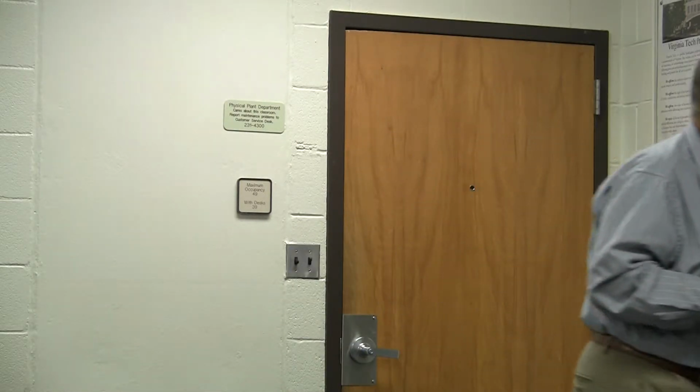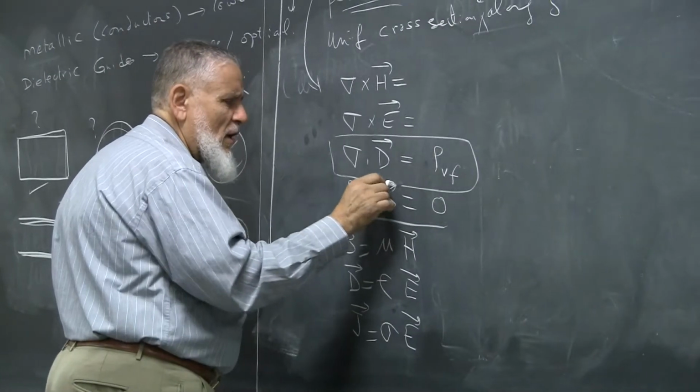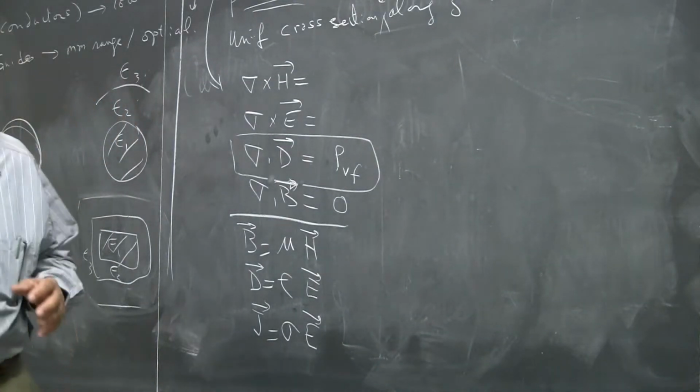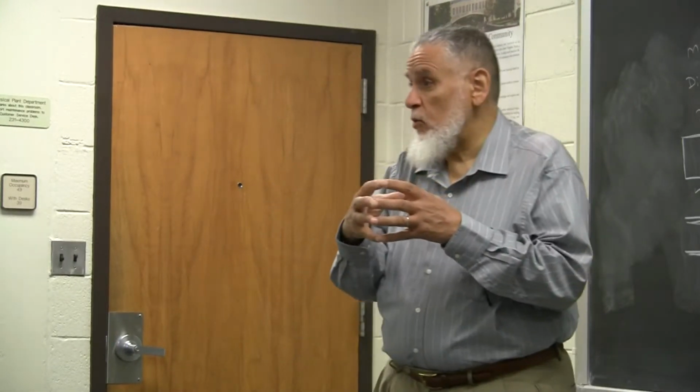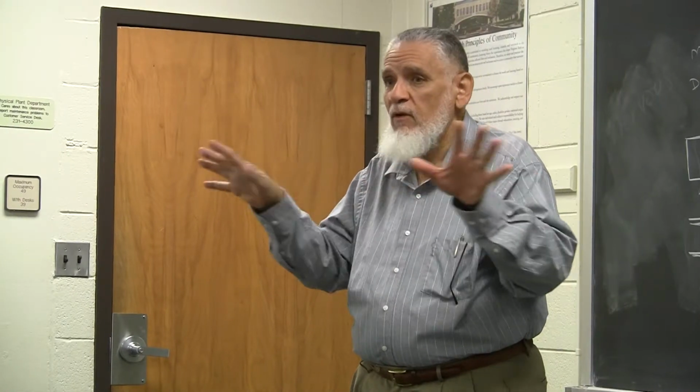Now, we used to call this something other than Maxwell's equations. Before we learn about Maxwell, what did we call it? Gauss's law. Gauss's law says, if you have some charges, these charges will act as a source of something, and that something we call the flux.